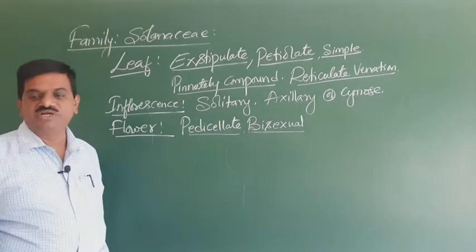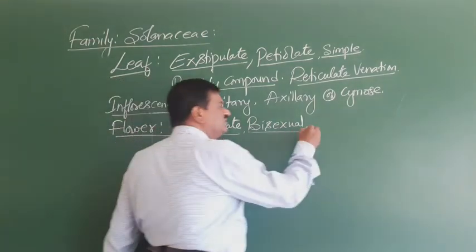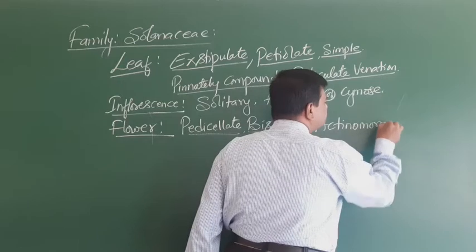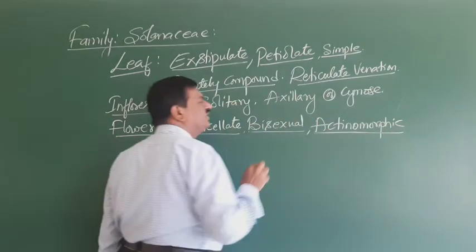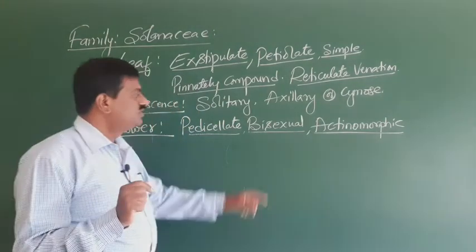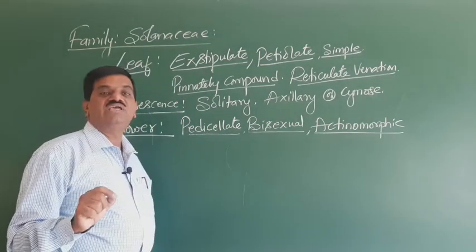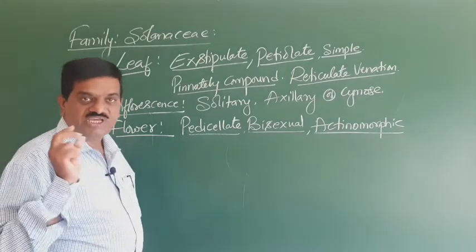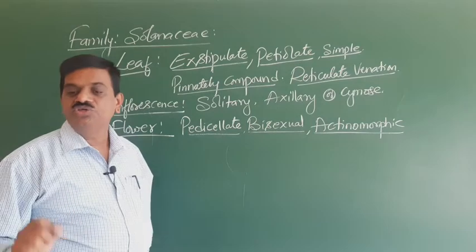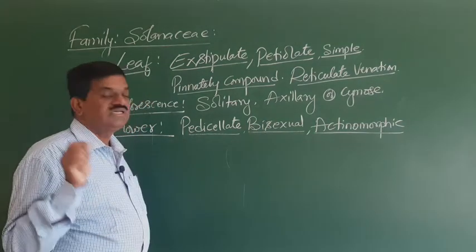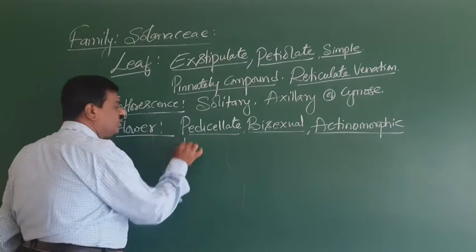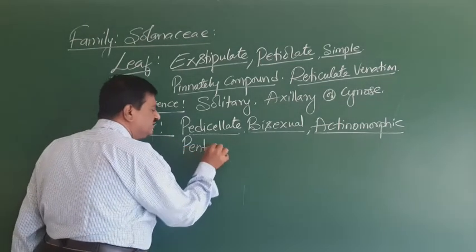And the symmetry of the flower is actinomorphic. The word actinomorphic means radial symmetry. When you take a flower and cut in any plane, it gives rise to two equal halves. Hence it is called actinomorphic or radial symmetry. So we go for the next one, called pentamerous.